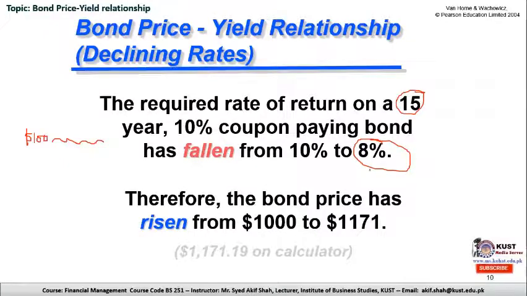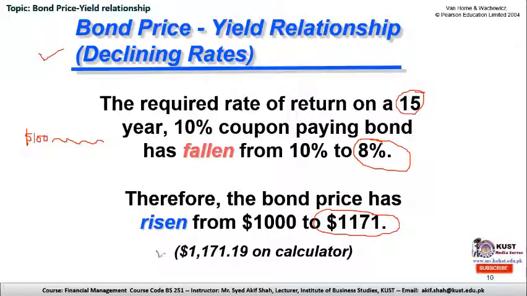Therefore, you can find the value of this bond under the declining rate condition, which states that the bond price has risen from $1,000 to $1,171. With more precision, you can use a financial calculator by simply plugging the relevant data into it, or you can also use Excel.